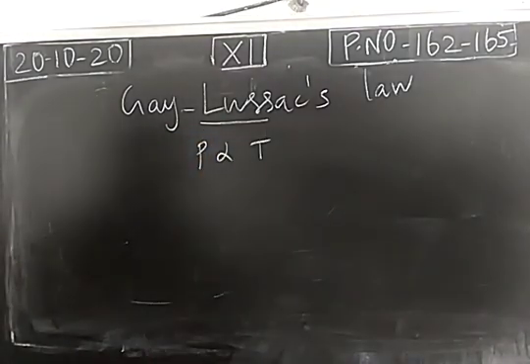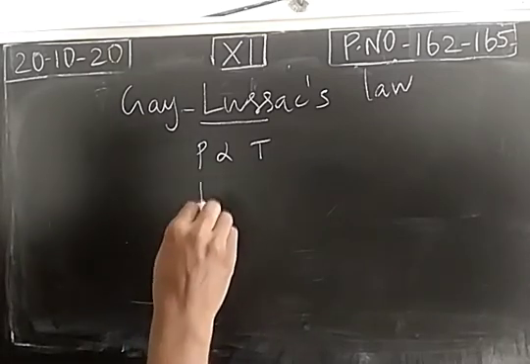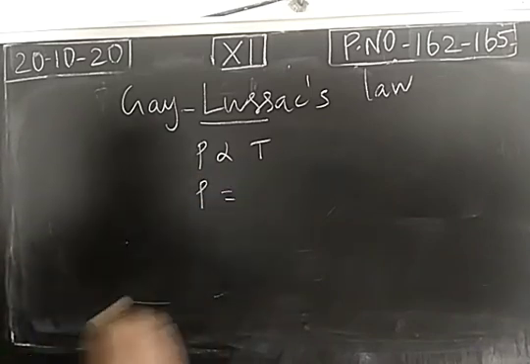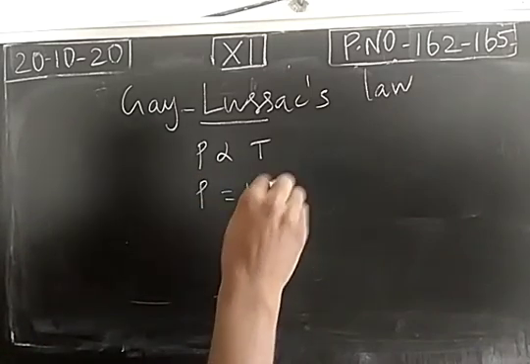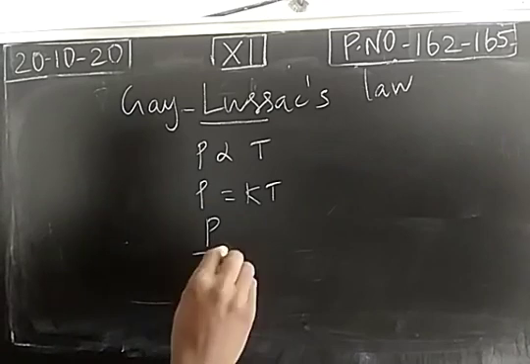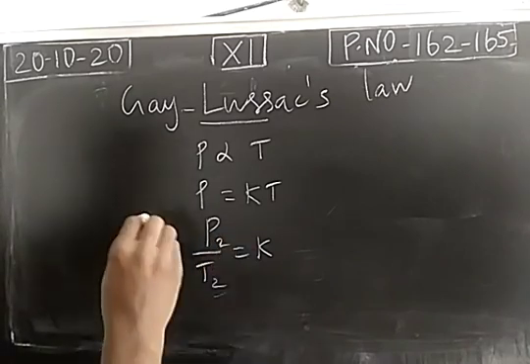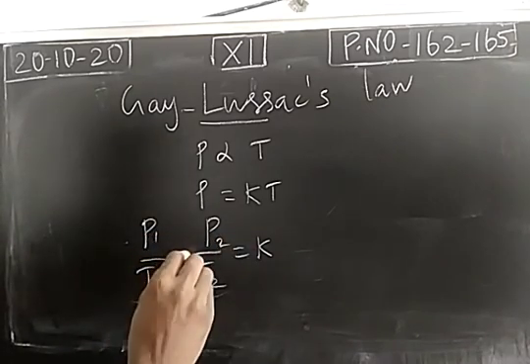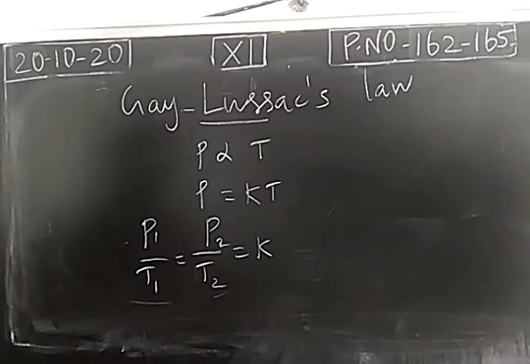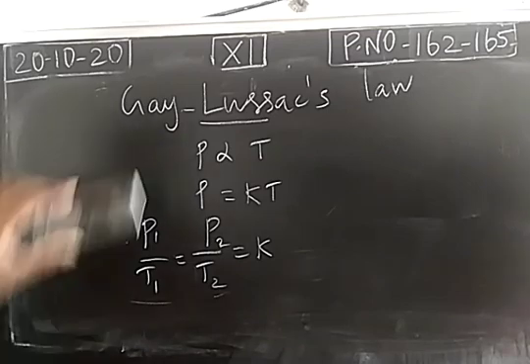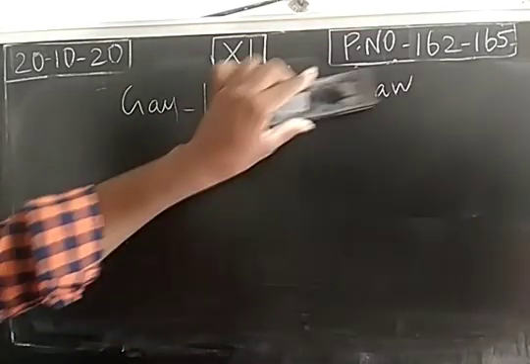For a fixed mass of gas at constant volume, pressure is directly proportional to temperature. The proportionality can be removed by introducing a constant K, so this is rearranged as P by T is equal to K. At two different temperatures, we may write P1 by T1 is equal to P2 by T2 is equal to K. This is called Gay-Lussac's law.